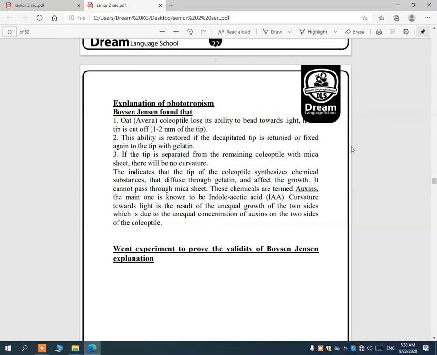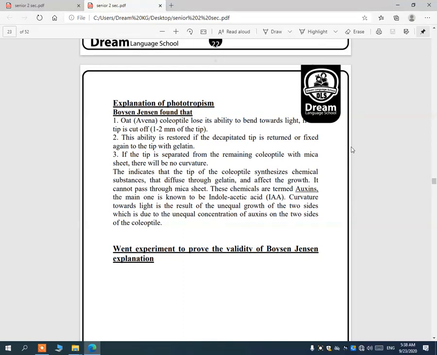If the tip is separated from the remaining coleoptile with a mica sheet, there will be no curvature. That indicates that the tip of the coleoptile synthesizes a chemical substance which diffuses through gelatin and affects growth. It can't pass through a mica sheet, and these chemicals are termed auxins.